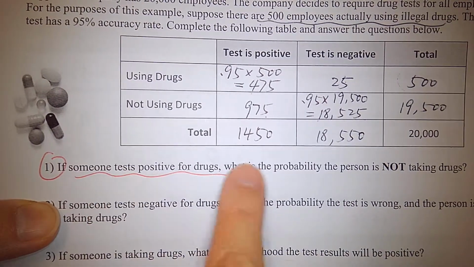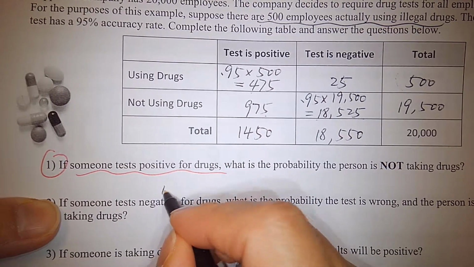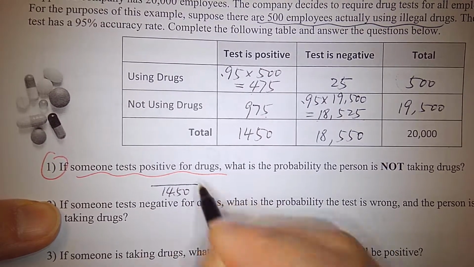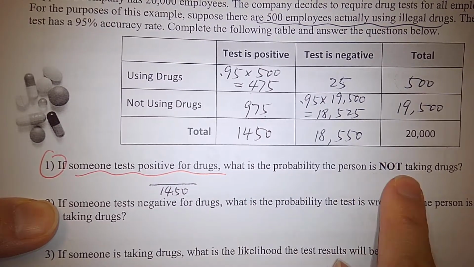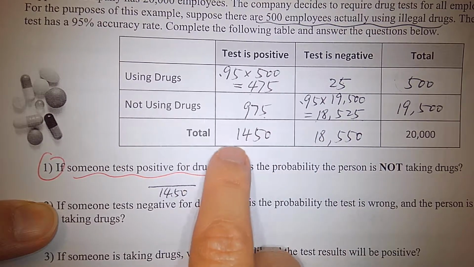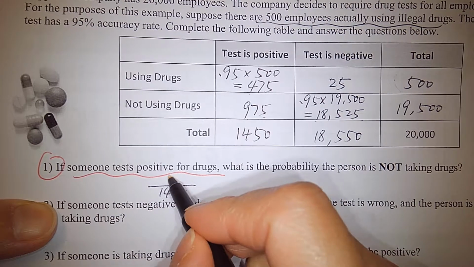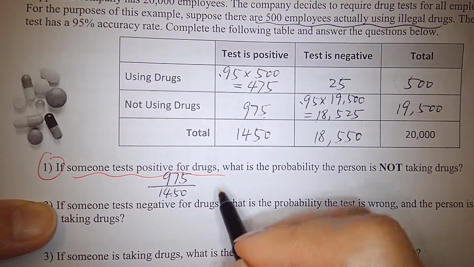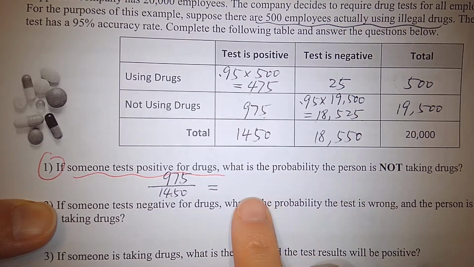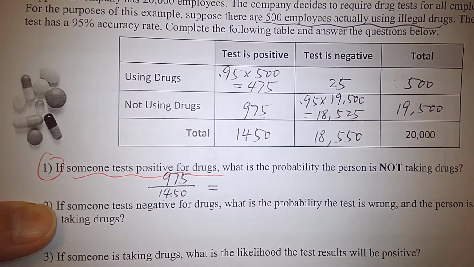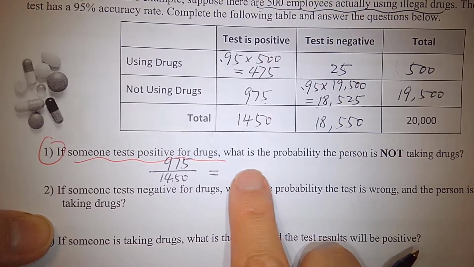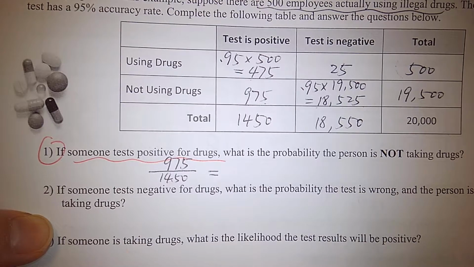So, how many positive test results in total? 1450. Person not taking the drug: out of the 1450, not taking the drug, 975, right? So, you may get a result here. Please finish that, okay?